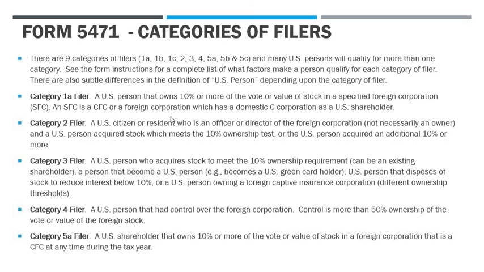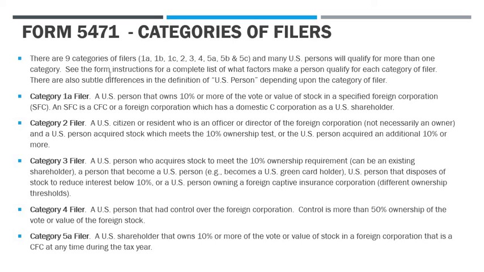So let's look at the categories of filers. There are 9 total categories now, and these are the 9: we have 1A, 1B, 1C, 2, 3, 4, and then 5A, B, and C. What will often happen, and what you'll see in this example, is many U.S. persons might qualify for more than one. We'll see in our fact pattern that our individual qualifies for almost every one of them.